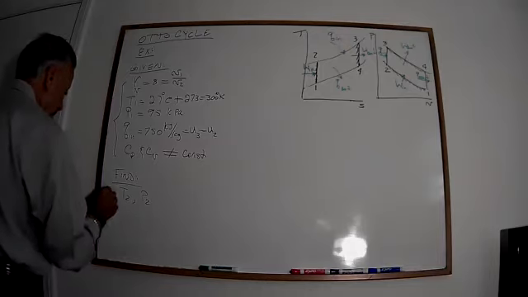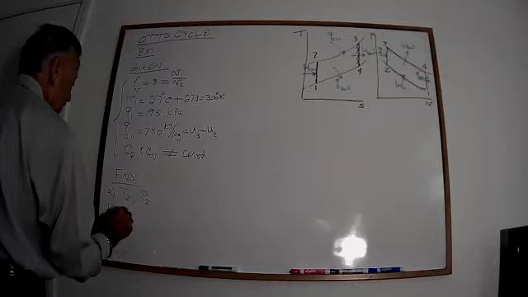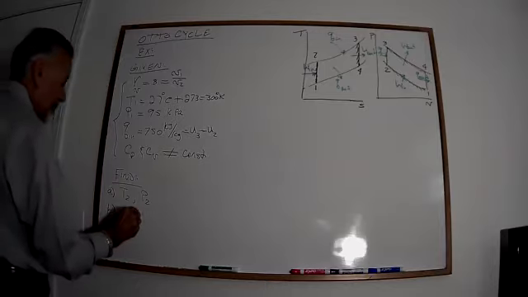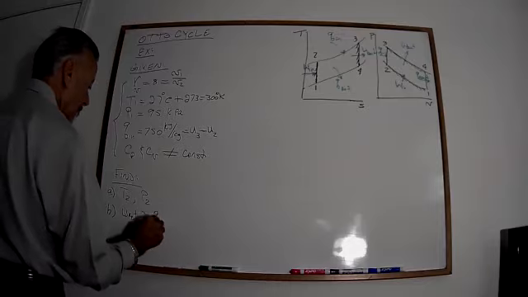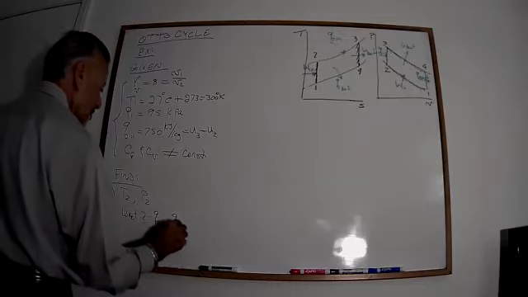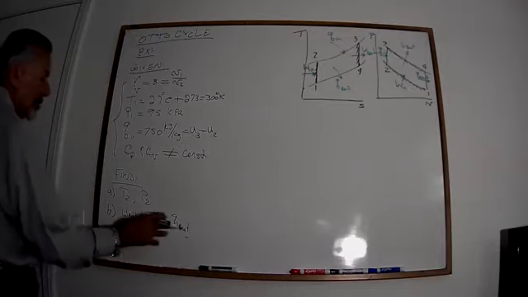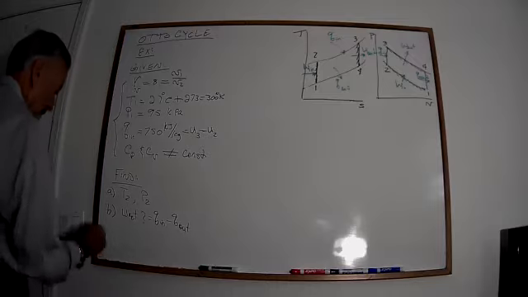That's part A. Part B is asking us to find the net work. What is the net work? Net work is equal to Q in minus Q out. That helps me understand what parameters I need to find.